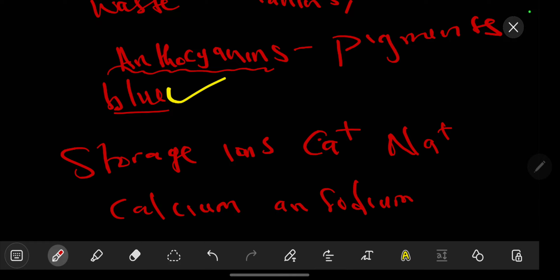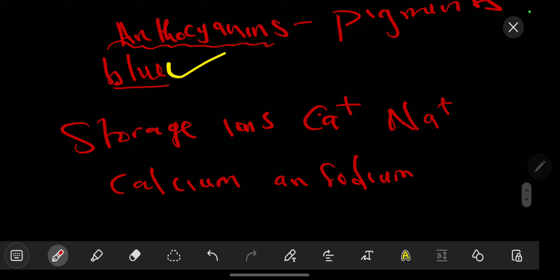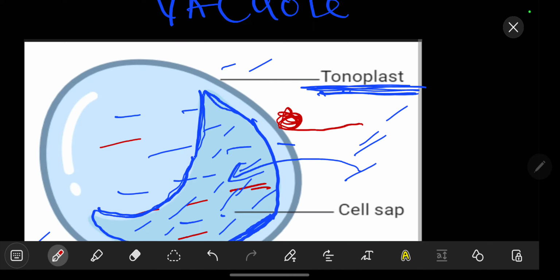These substances, the sodium and the calcium, are very important in the maintenance of the cell shape. The sodium can also be used as a secondary messenger that can be used to interact with the outside environment and all that. So let us review everything.